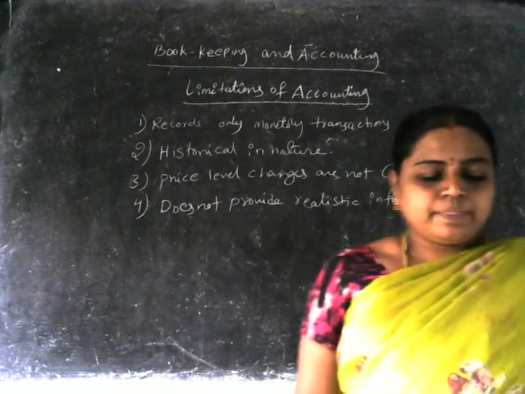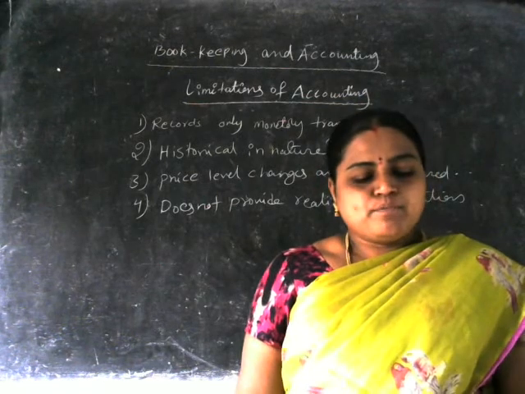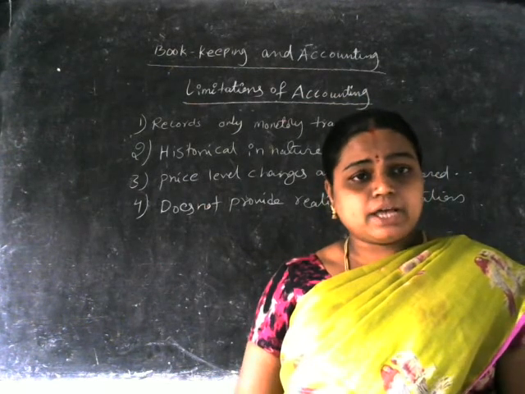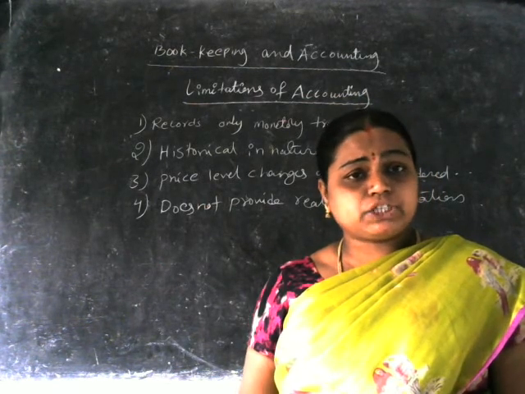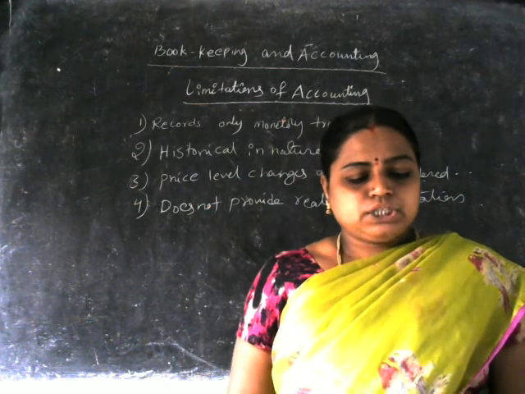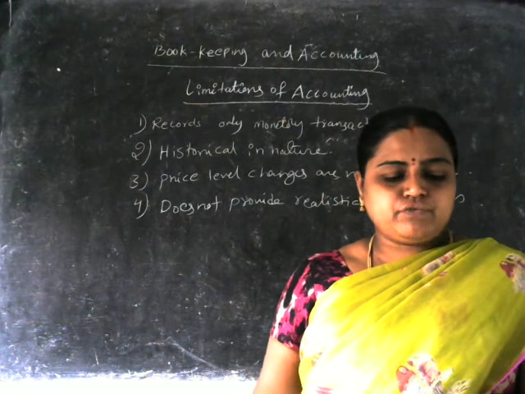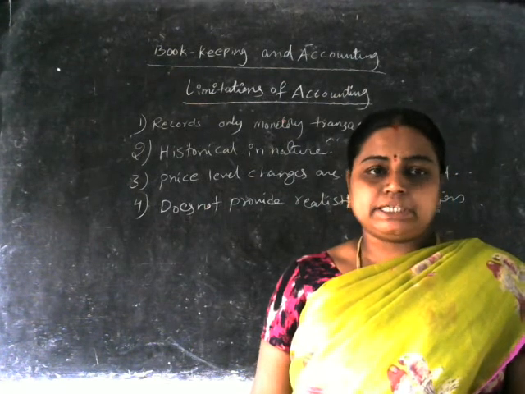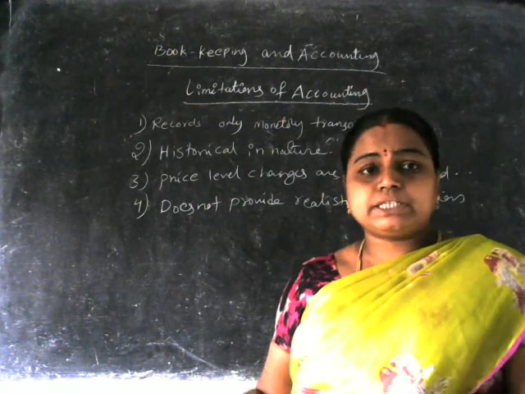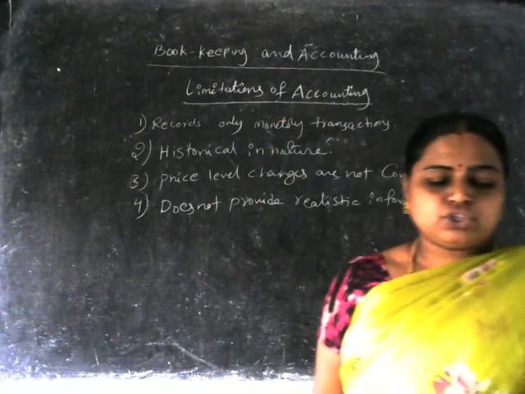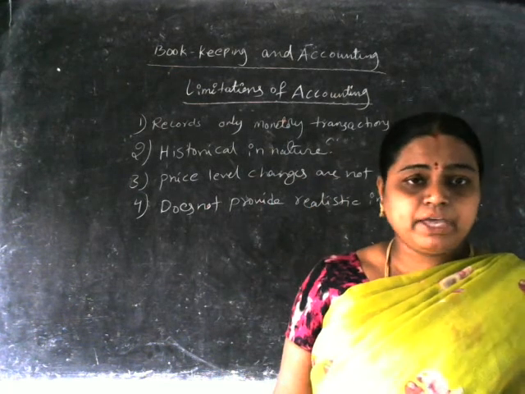So here, while preparation of the books of accounts, the subjectivity of the accounting, the subject matter of the accounting may influence the final results of the business enterprise. Final result ni batti business enterprise result anedi manaki ఇది అవుతుంది. So the final result of the business enterprise may be affected here.